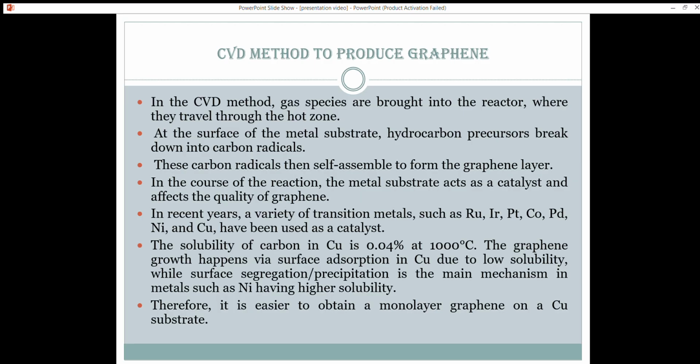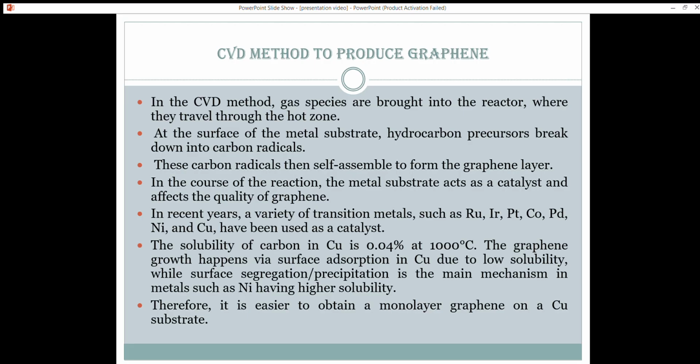By using a catalyst, we will not lose the cost of the catalyst because the catalyst is mostly recovered at the end of the chemical reaction, and a catalyst increases the speed of reaction by decreasing the energy of activation. So iridium, platinum, cobalt, palladium, nickel, and copper are used as catalysts.